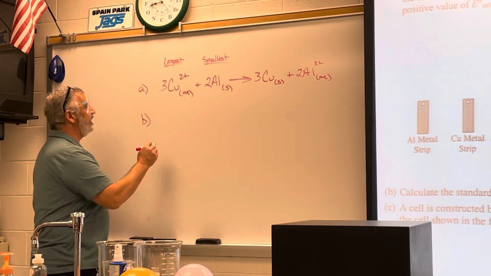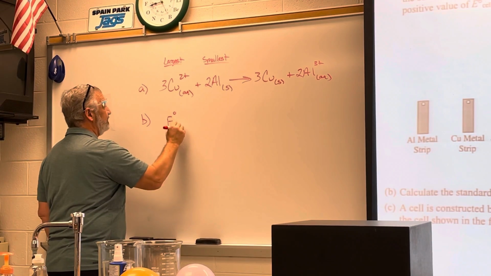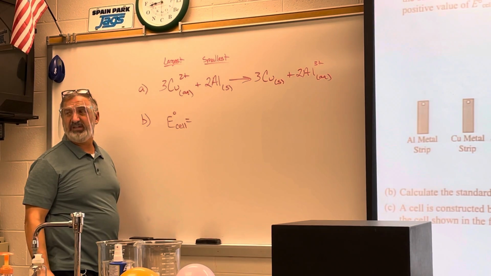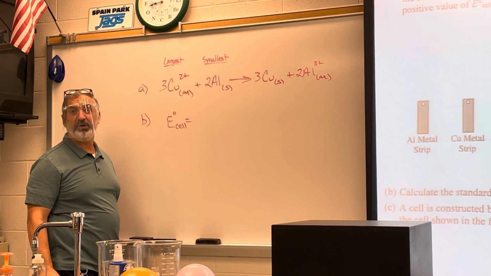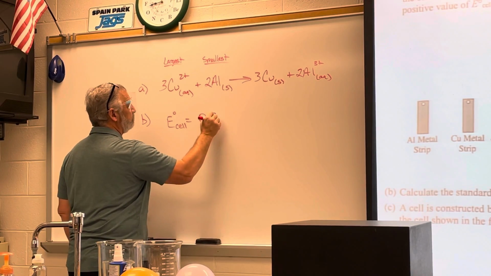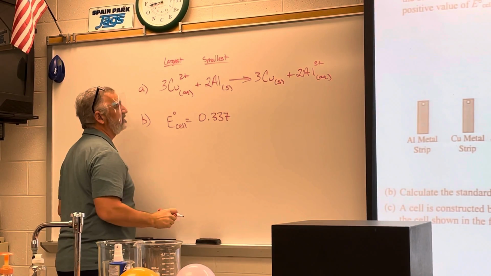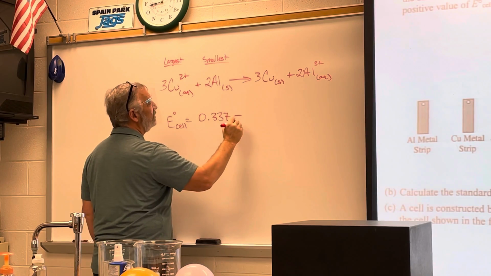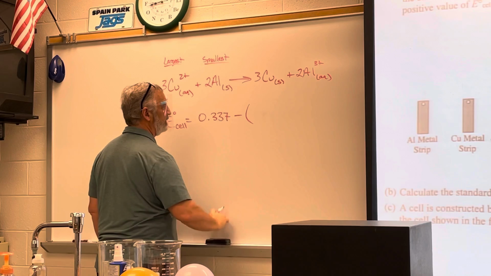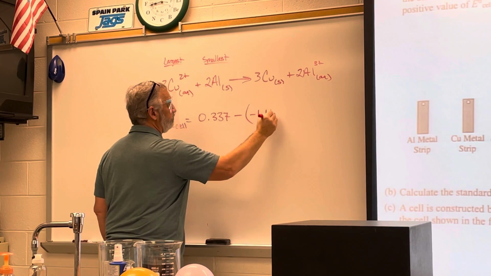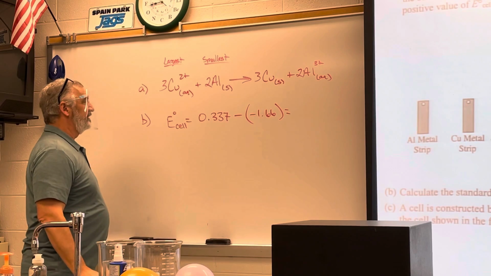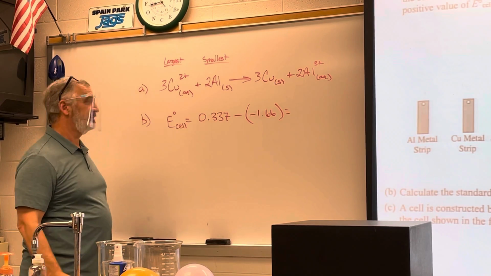So now E cell is equal to E red, the copper, which is 0.337. I always get the copper and the zinc backwards. Minus the aluminum, it's negative 1.66. Which means we're going to add those, so we're going to get 2 basically.